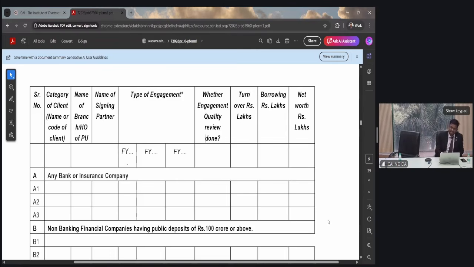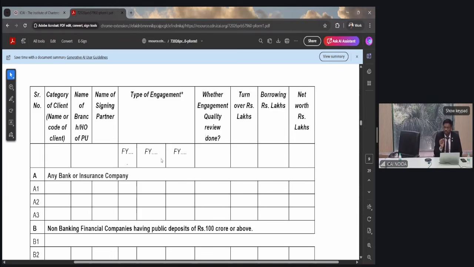Then second step, you fill the corresponding signing partner name, because from the UDIN, you'll understand which partner has signed the same. Then you fill the respective branch or HO, wherever that partner belongs to. Then the fourth information you fill is this FY.